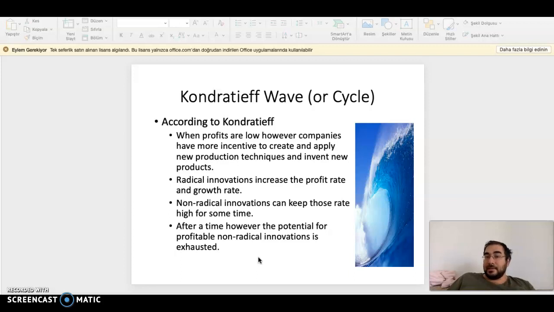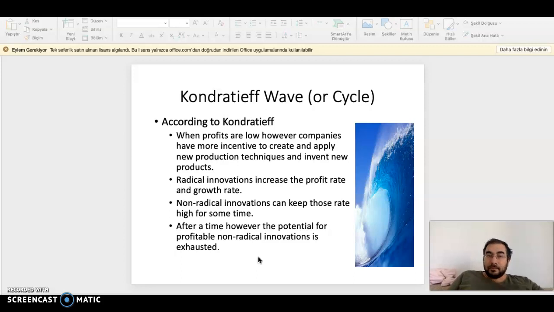And as the economy enters this new depression, the profit rates will fall down. And after they fell down sufficiently, the conditions will be ready for a new Kondratiev wave.